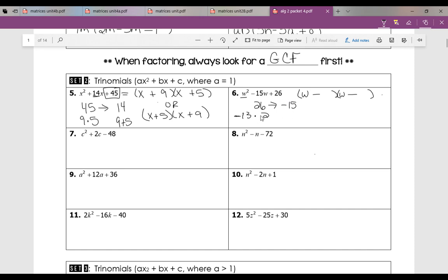But negative 13 times negative 2 is still positive 26, and negative 13 plus negative 2 equals negative 15. So it does not matter where you put the 13 or the 2, both of them should be negative. Okay? And this would be your final answer. If you have the w minus 2 parentheses in front of your w minus 13, that's fine.